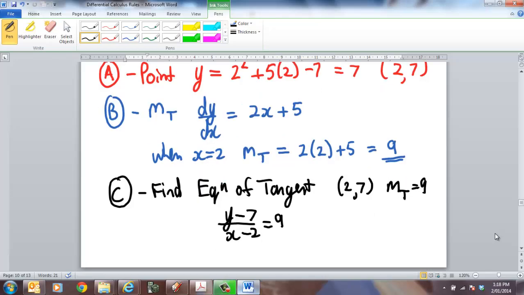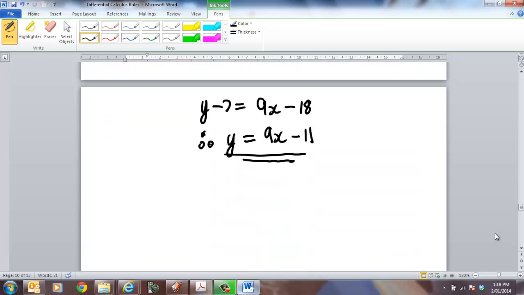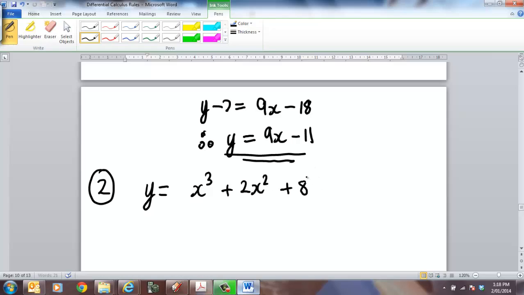Alright, so let's just do another quick example. Example number 2, let's make it a bit harder: y is equal to x cubed plus 2x squared plus 8. The first step is to find the point.